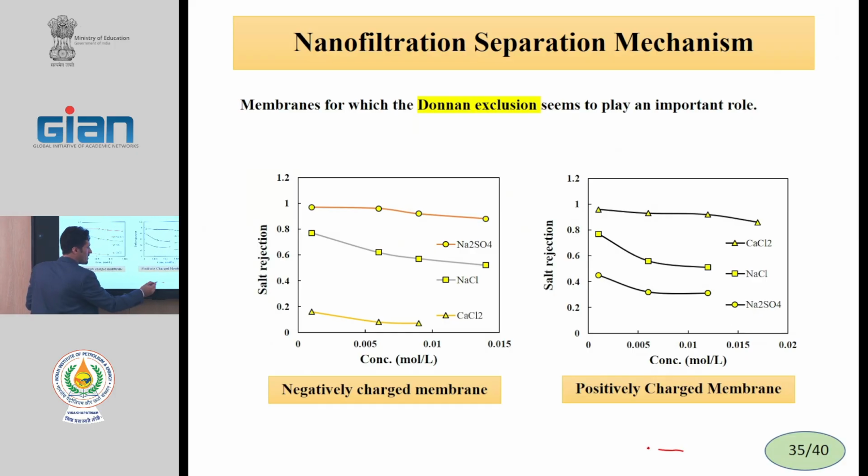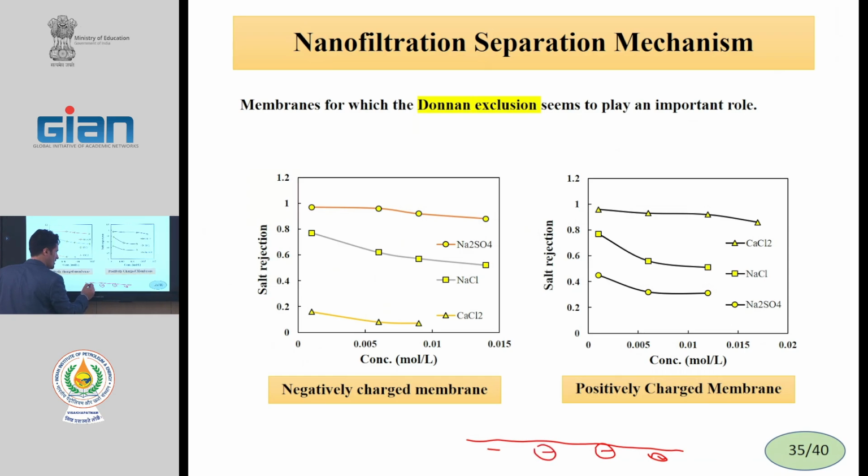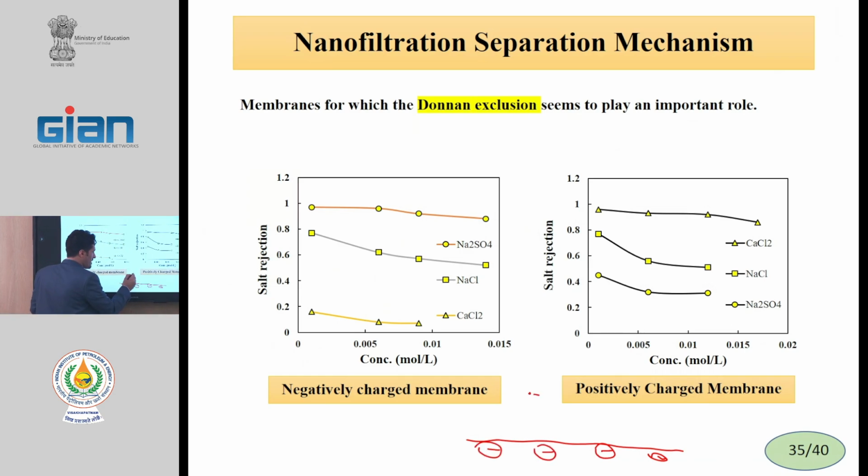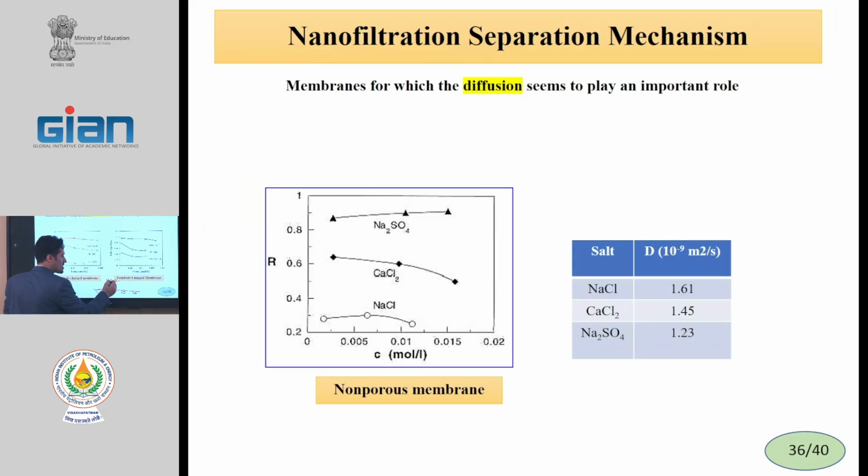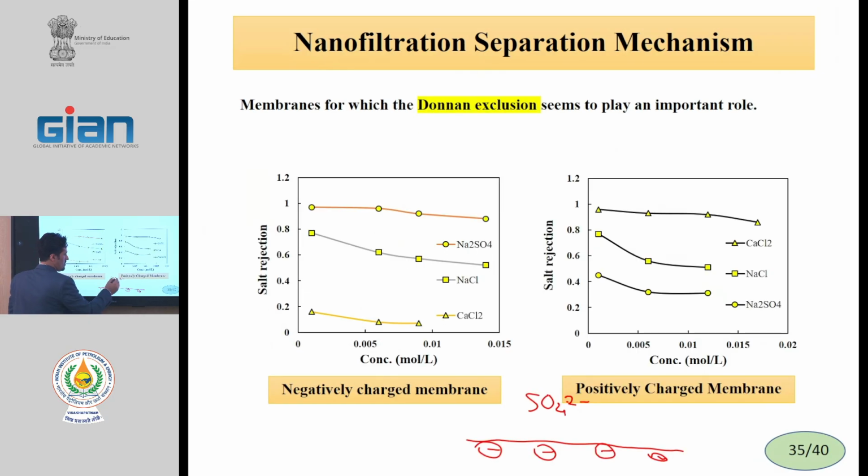We have a negative charge on the membrane surface. The sulfate has 2- charge. Therefore, the membrane with the negative charge rejects the sulfate more. Okay?